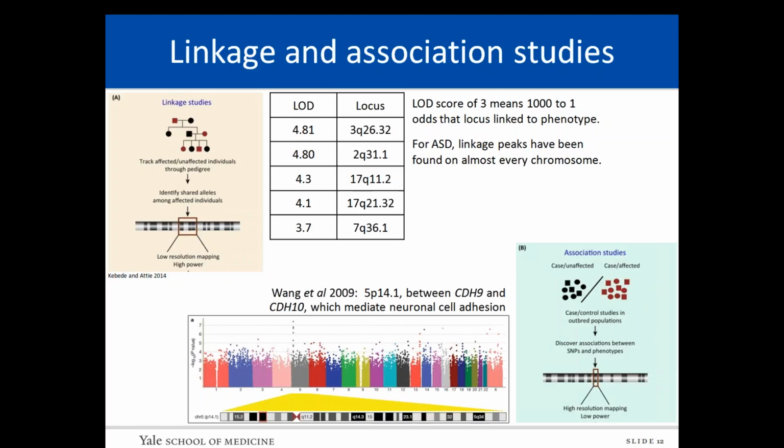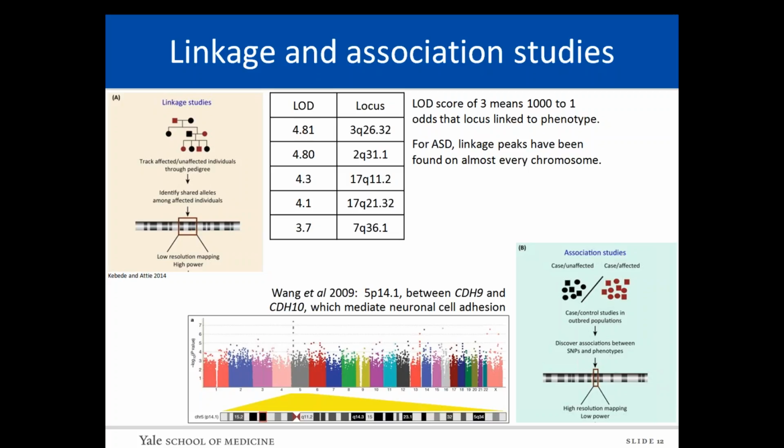A couple of large-scale studies were published a few years back looking at hundreds of patients and thousands of typically developing control individuals, looking at a million or so SNPs, single nucleotide polymorphisms or DNA markers, across the entire genome, to see if some of these markers are overrepresented in the cases versus the controls.